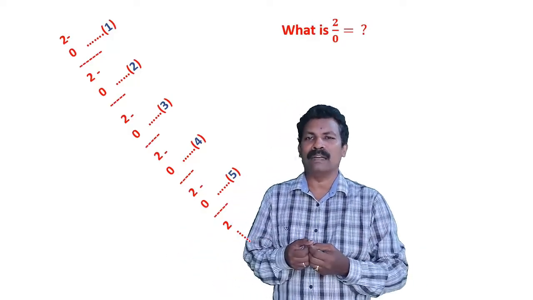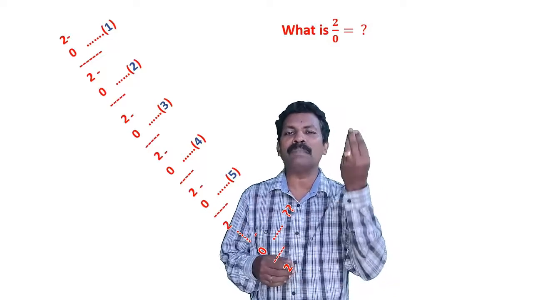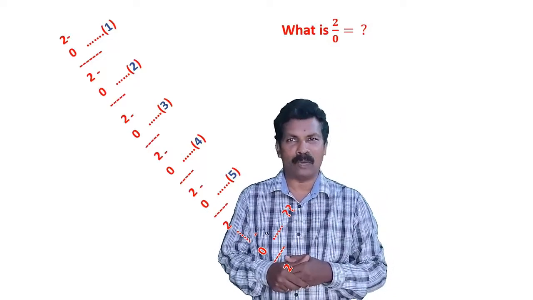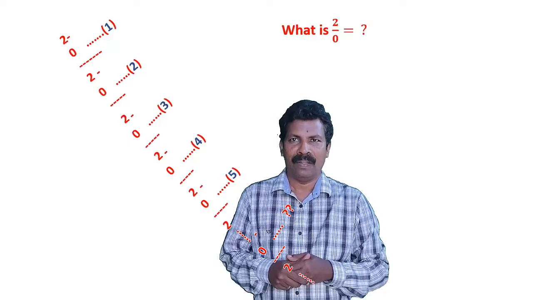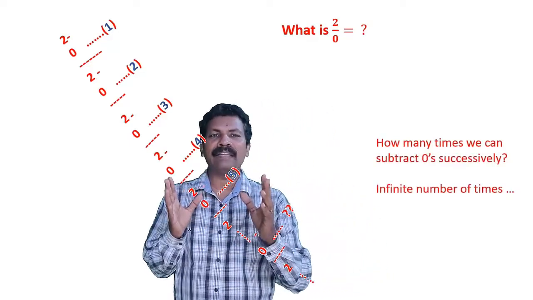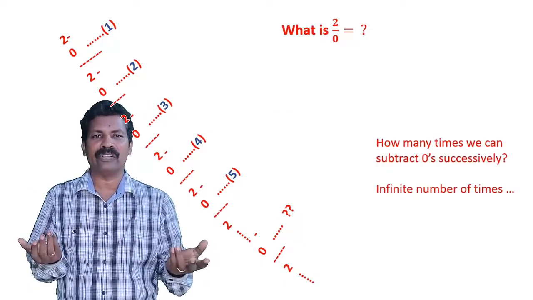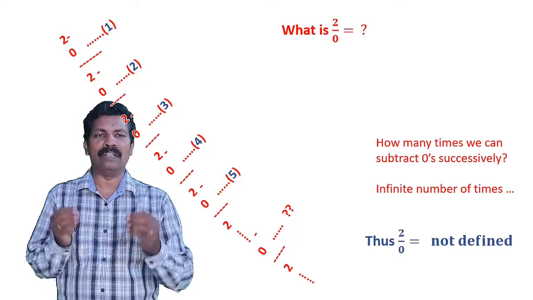This process is non-terminating. So we can't say how many times we can subtract the zeros here. Therefore, we can say that an infinite number of times 0 can be subtracted. Therefore, 2 by 0 is not defined.